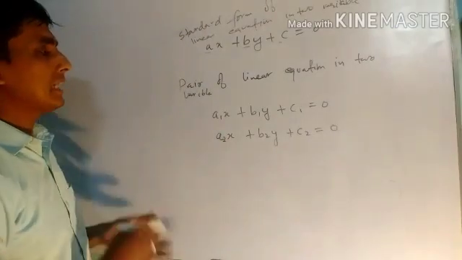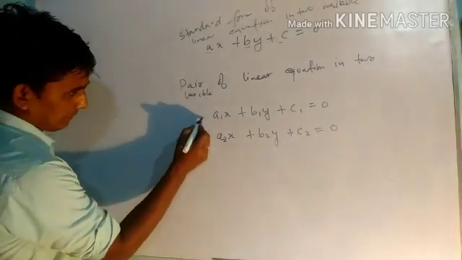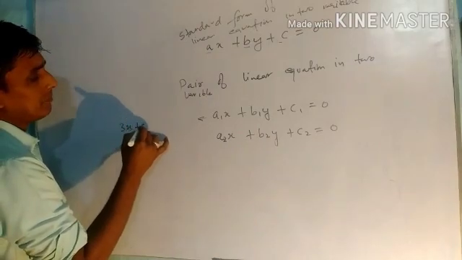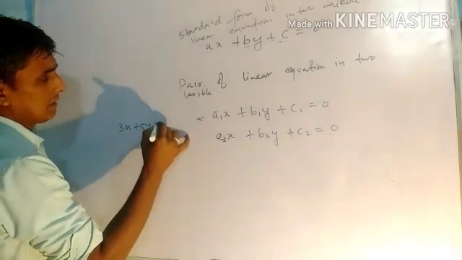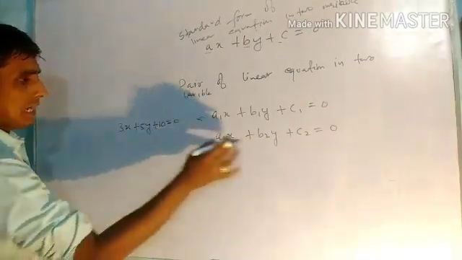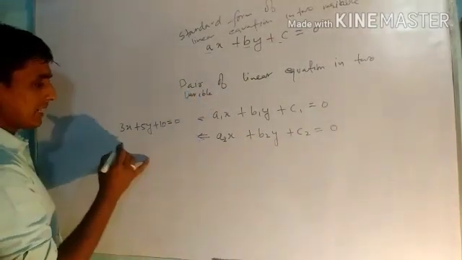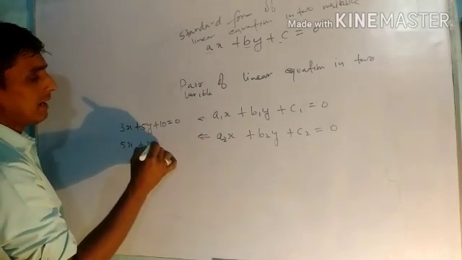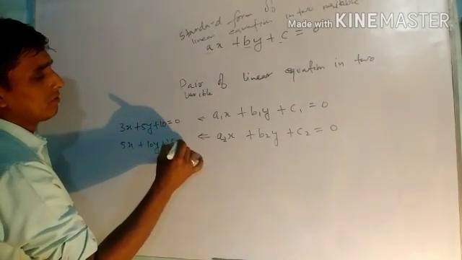There can be many examples. For instance, if I write 3x + 5y + 10 = 0, and for example 5x + 10y + 15 = 0.